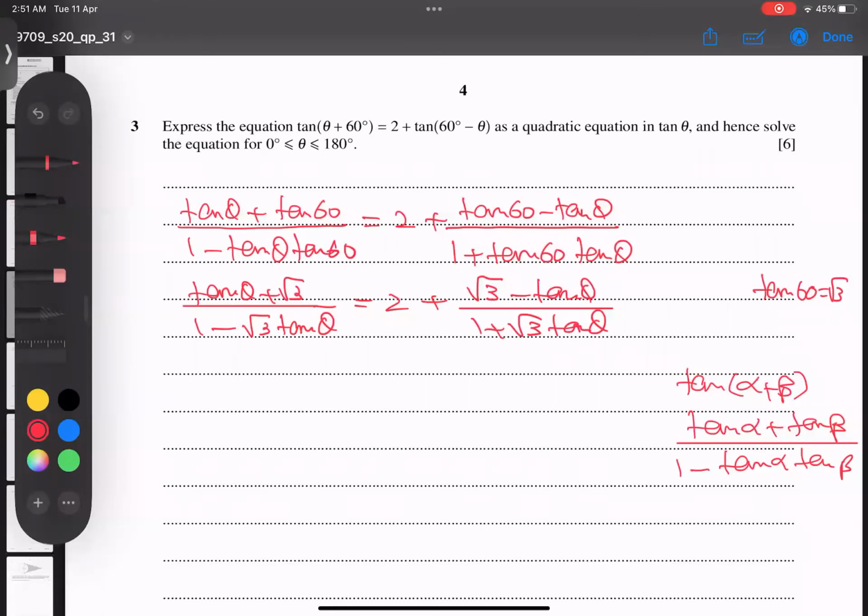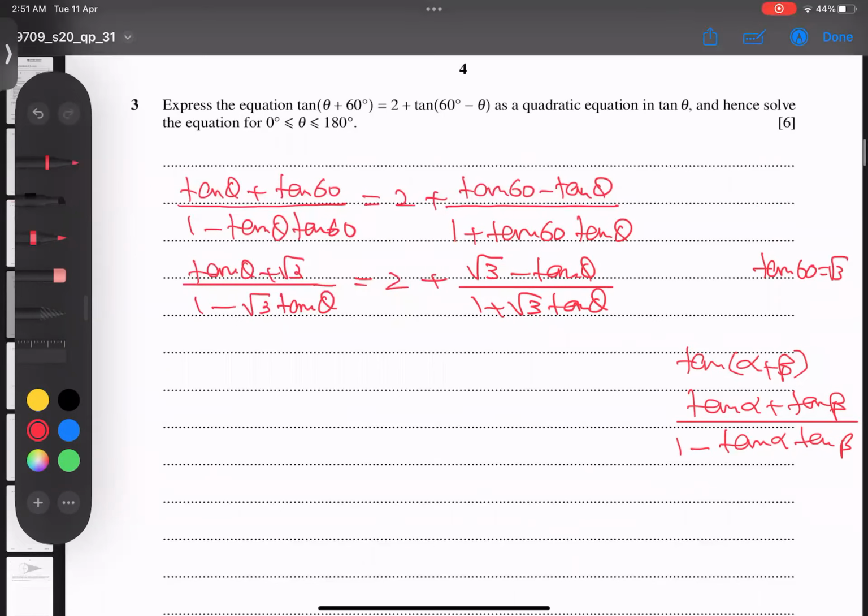But he said to make a quadratic equation. So let's see how we can proceed and get our target. Naturally, what is the way? This LCM, I should take on the right-hand side and then cross multiply. So first of all, take LCM: 1 plus √3 tan theta, and this whole thing multiplied with the 2.